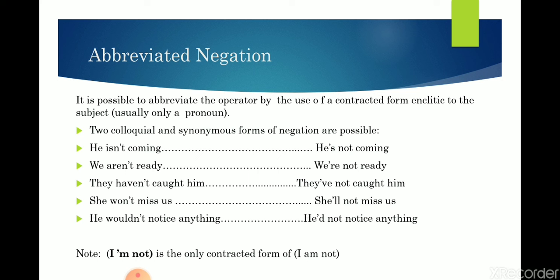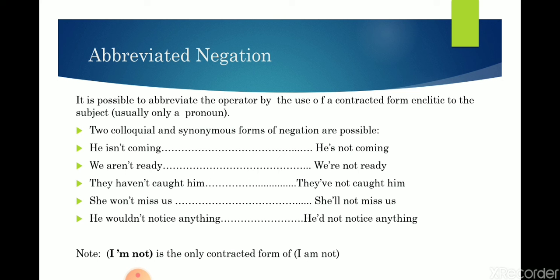So, on the left column, we see that the word not is contracted by deleting the O and adding an apostrophe. And on the right column, we see that the auxiliary verb itself, the operator itself, is abbreviated by deleting part of it. Let us read these examples.